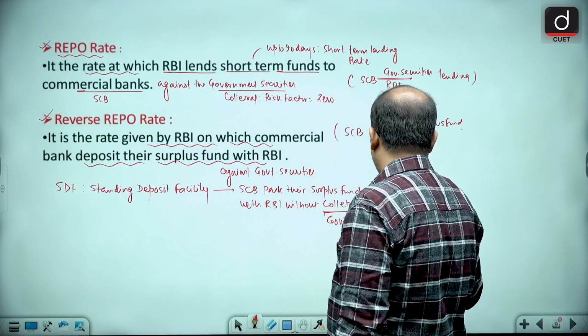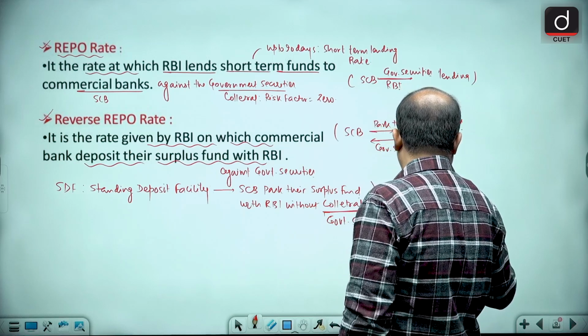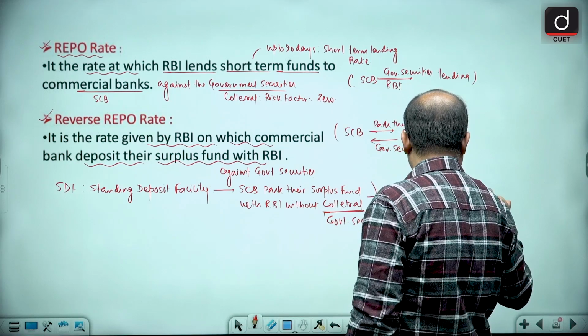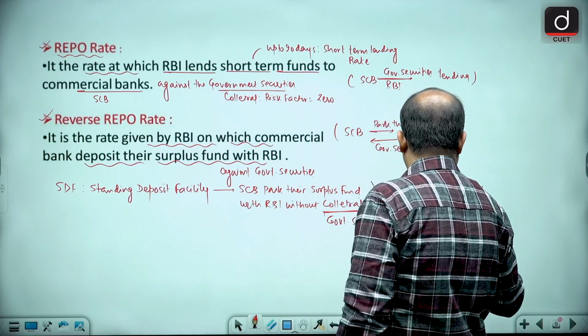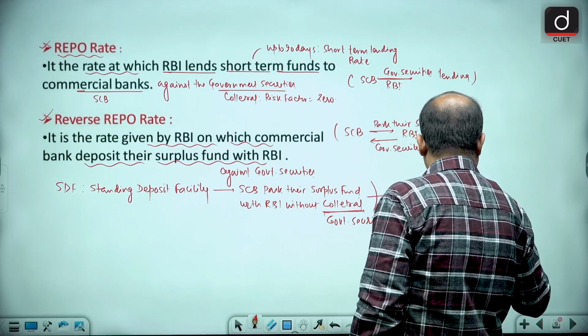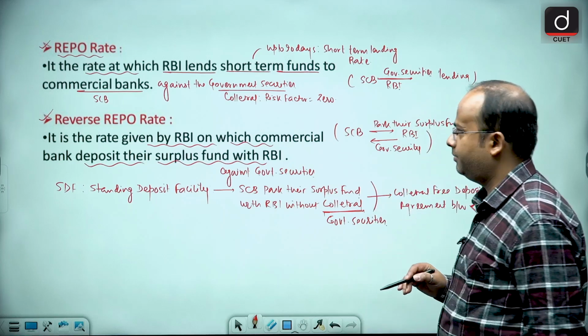So it is a collateral free deposit agreement between RBI and scheduled commercial bank.